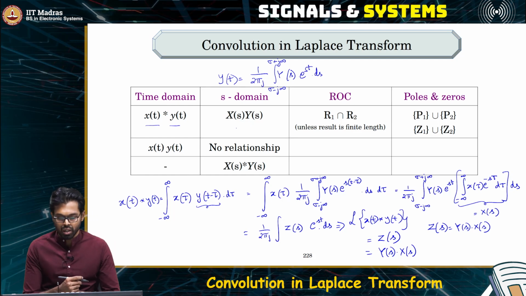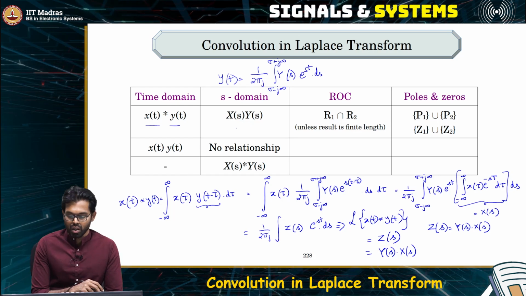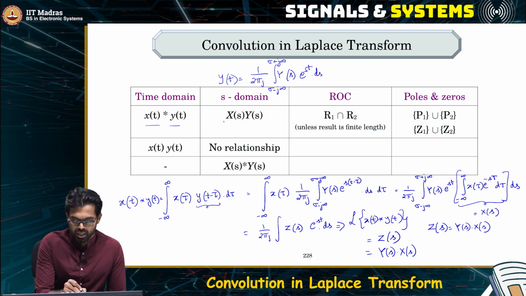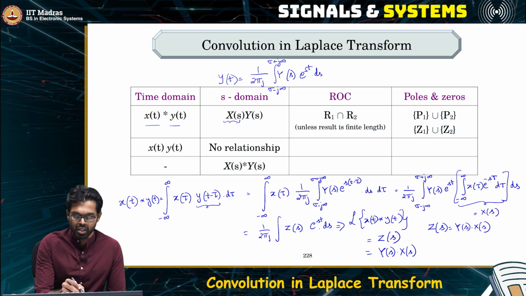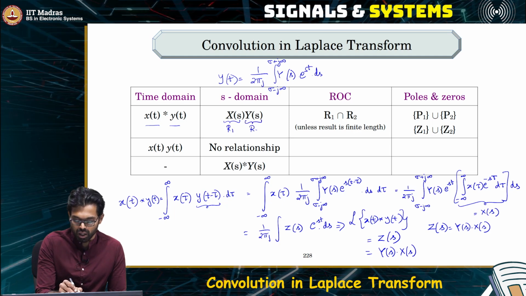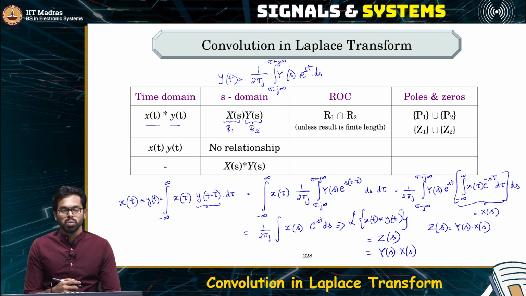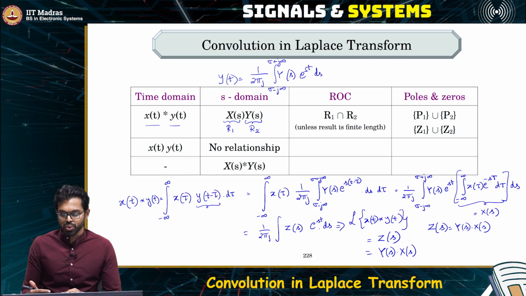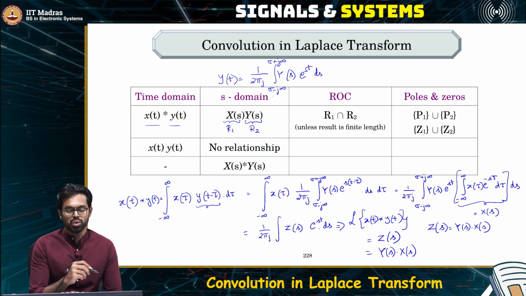So what happens to the ROCs? The same thing that we analyzed earlier. In this case, let's say there is an ROC for X of s, let's call that R1, and there is an ROC for Y of s, let's call that R2. So X of s should exist and Y of s also should exist for this product to exist.